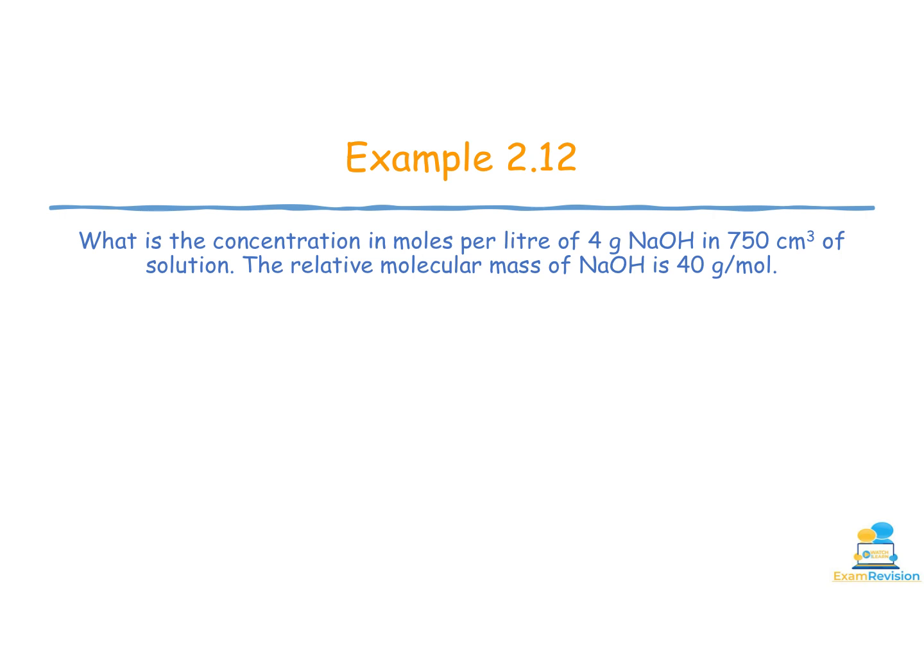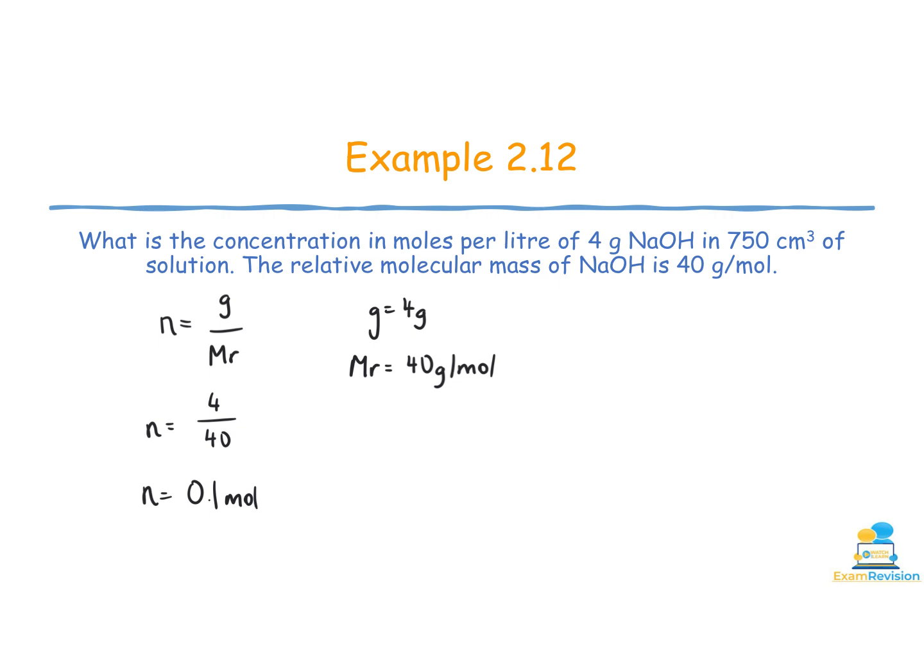Again, we've been given the mass, however we want it in moles, and we use our formula: number of moles is equal to grams divided by Mr. Here, the grams is equal to 4, and they've told us to use an Mr of 40. To calculate the number of moles, it is 4 divided by 40, and that will give us the number of moles as 0.1.